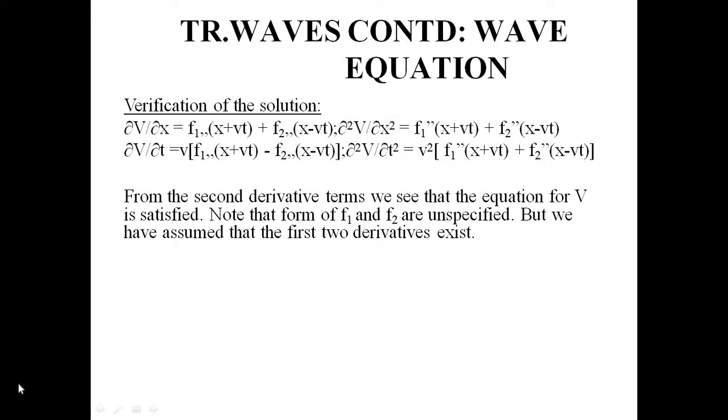Dou V by dou t is equal to v F1 dash (x plus v t) minus v F2 dash (x minus v t), and dou squared V by dou t squared is equal to v squared F1 double dash (x plus v t) plus v squared F2 double dash (x minus v t). From the second derivative terms, we see that the equation for V is satisfied. Note that the functions F1 and F2 are unspecified, but we have assumed that the first two derivatives exist.